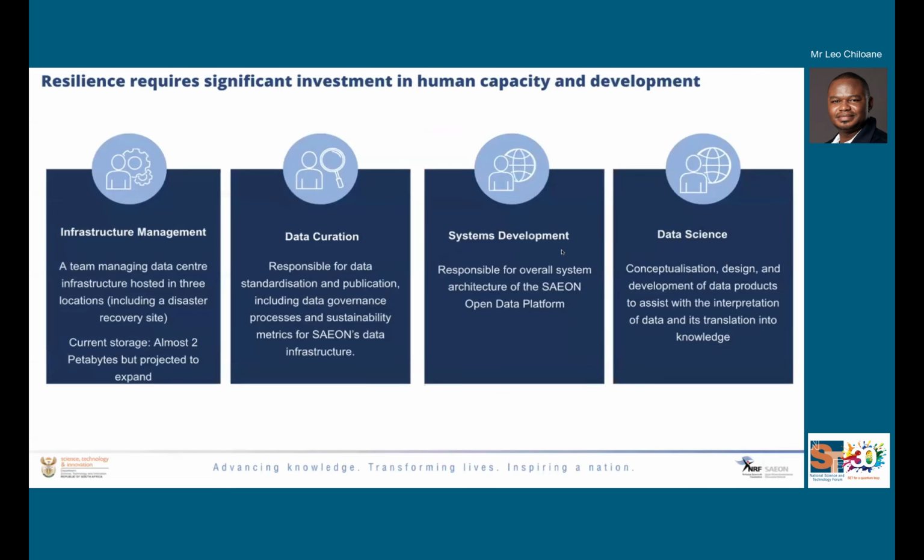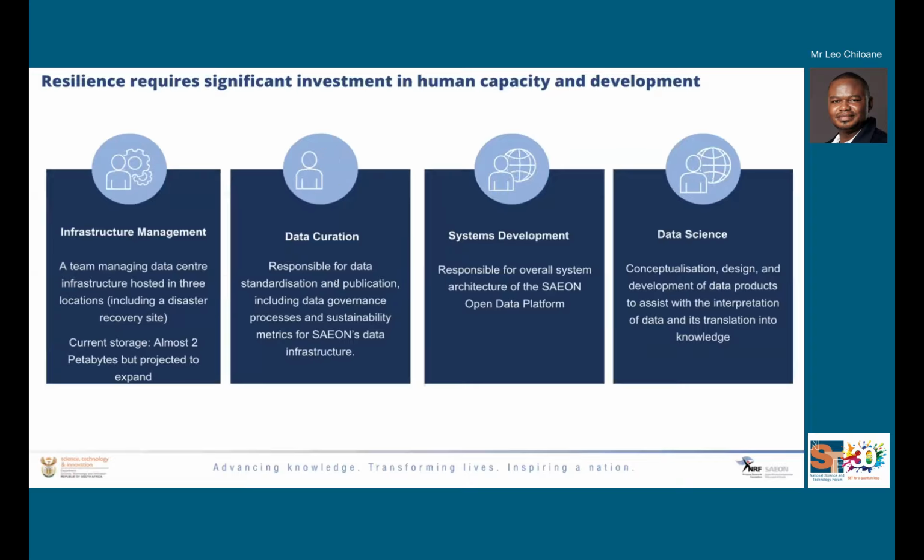So all of this work does require significant investment in human capacity and development as well. What we found works for us is to focus our work around four teams. We have an ICT infrastructure management team that manages the data center. It's currently hosted in 3 locations with a disaster recovery site.